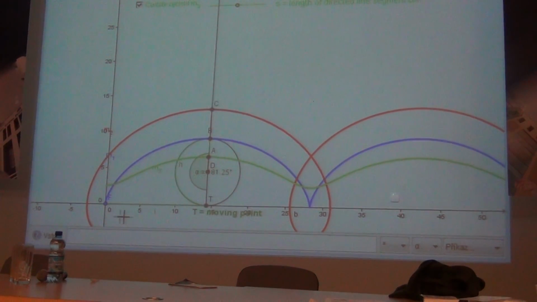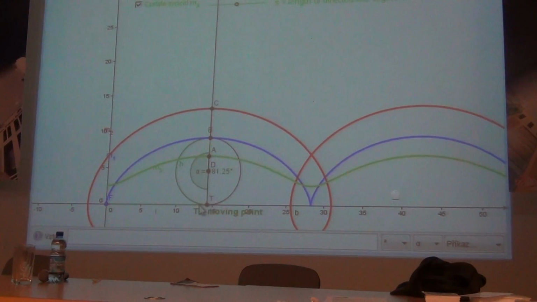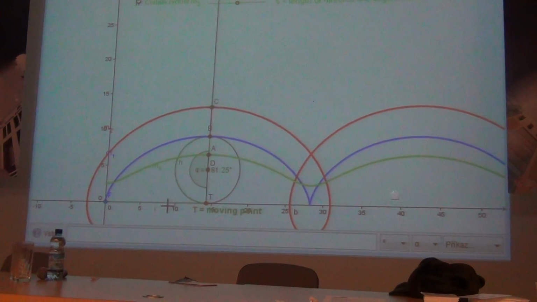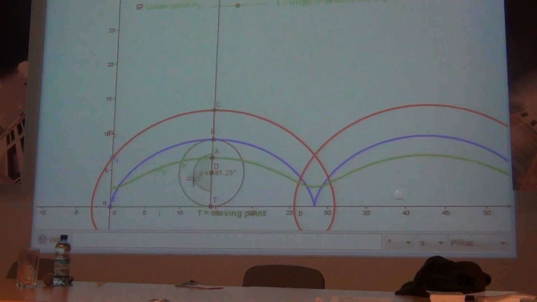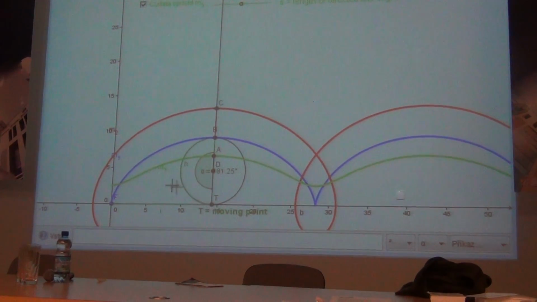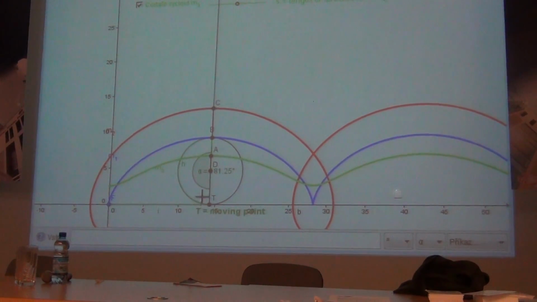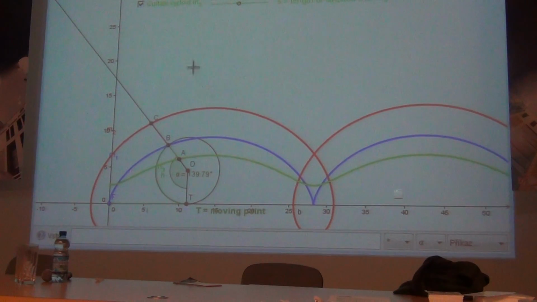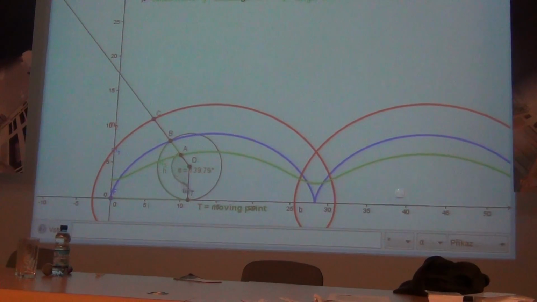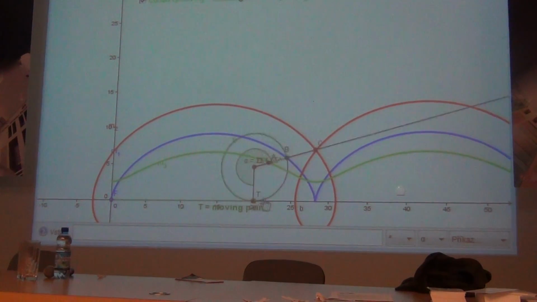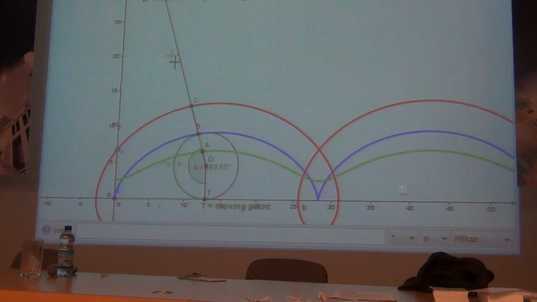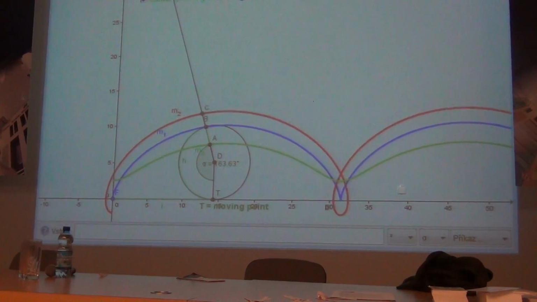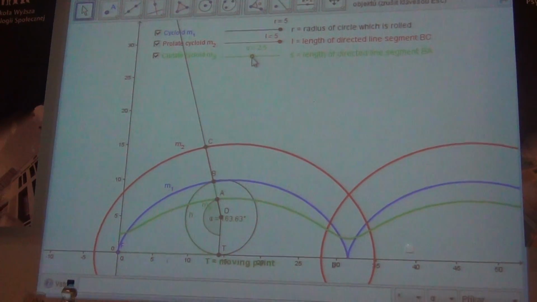In every moment, this segment of the straight line has the same length as the arc of the circle. And you can see the paths of some points. Of course, I can change the parameters. You can see the results.